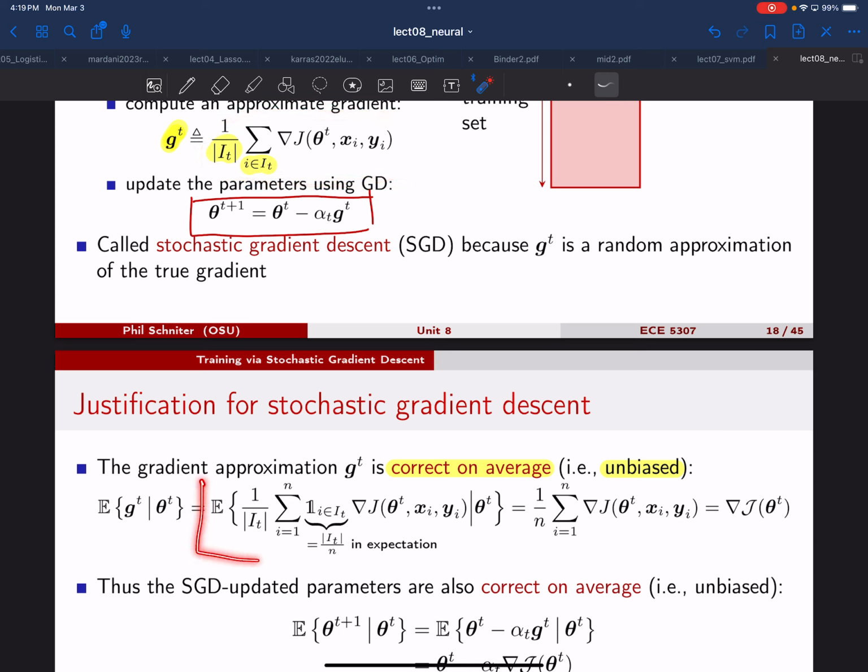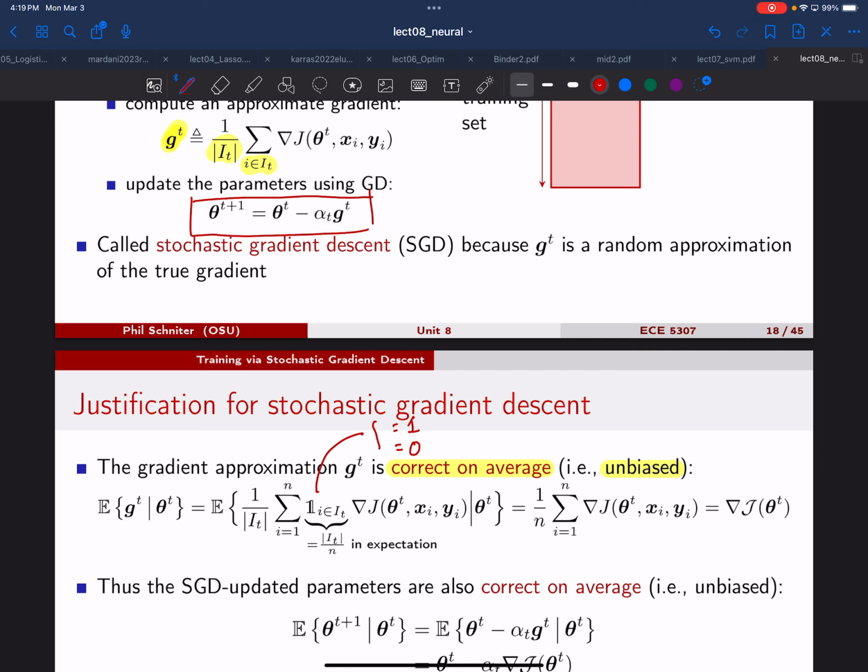So I'm just going to take expectation of this over here. And to make the analysis a little bit easier, instead of summing only over indices I in our subset, we're going to sum over all indices in the training data, but then we're going to insert an indicator function. So this thing here equals 1 or 0. Those are the two options.